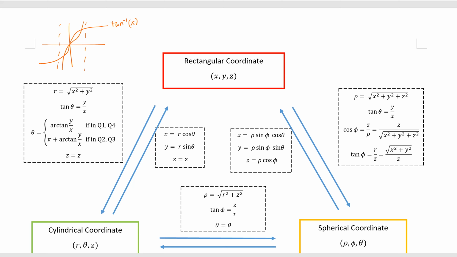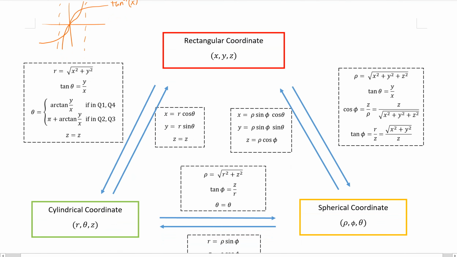If the point is in the second or third quadrant, then theta is pi plus arctangent of y over x. And z is still z. So this is how we interchange between rectangular coordinates and cylindrical coordinates.